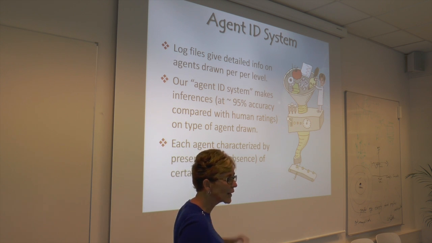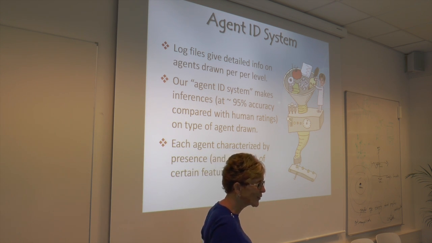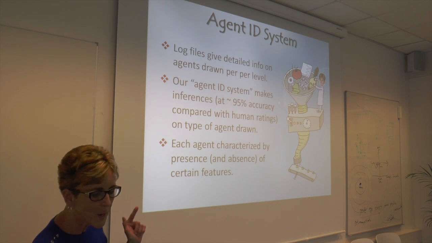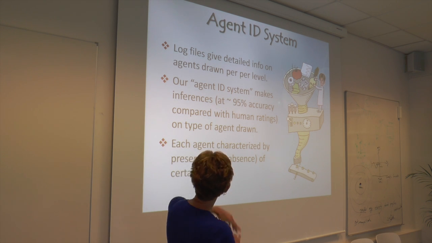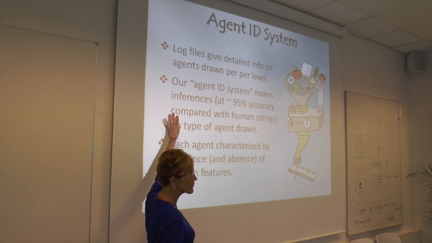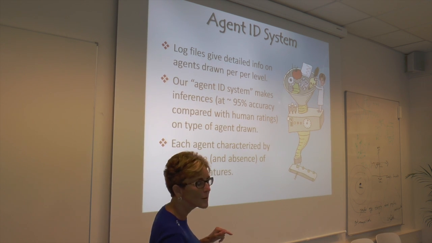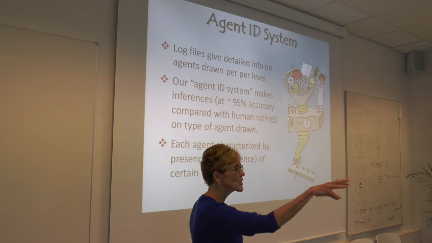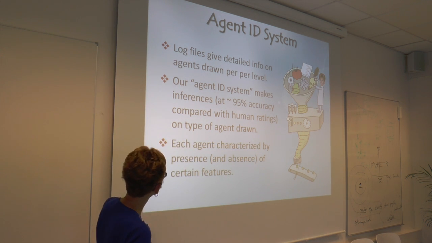We were talking for many hours about computer vision, and we realized that nobody on the team had that expertise. So we came up with a clever, elegant solution, and it turns out that our agent identification system is now about 98% accuracy compared with human ratings, where what the computer says you drew is actually what a human would say you drew.